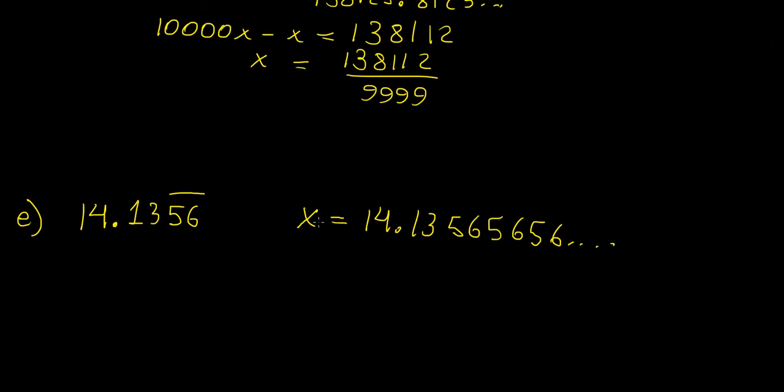So we could multiply this by something like 1000 just to get those first two digits, at least in the repeating sequence, into our number. But then we run into the problem that that's not really going to become a whole number.